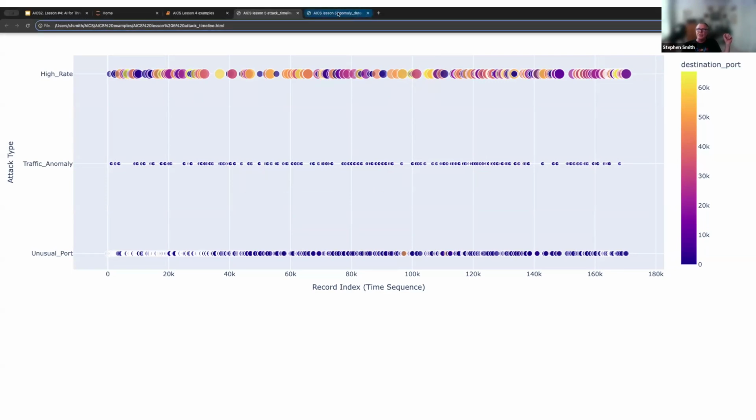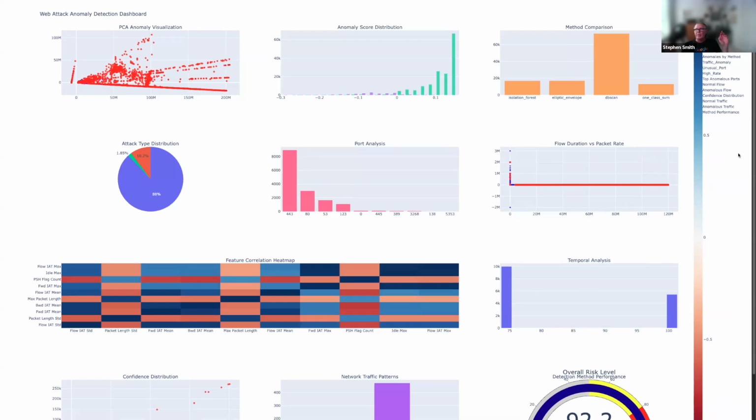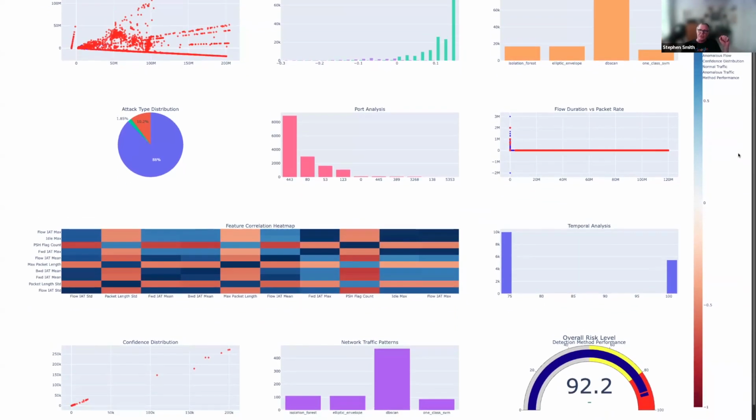Now here's another thing that is pretty cool. I asked it for a dashboard and this is what it came back with. Again, this needs some work, but this is the kind of stuff, right? How many of you would get super kudos brownie points for doing an attack dashboard for your network traffic, right? Here it is, right? You can get this kind of stuff done. And again, I'm not a Java developer. I'm not an HTML developer.